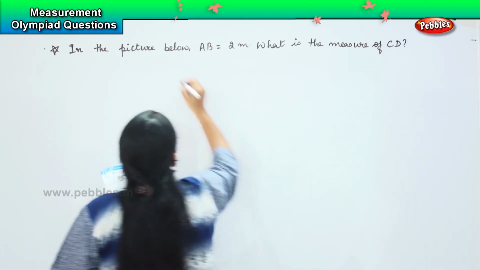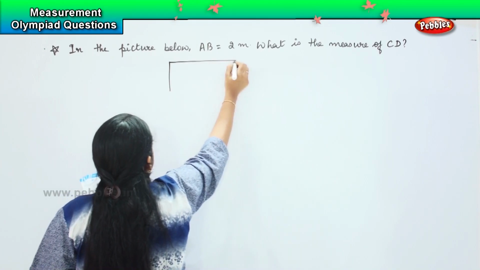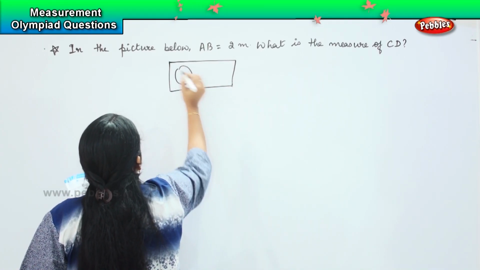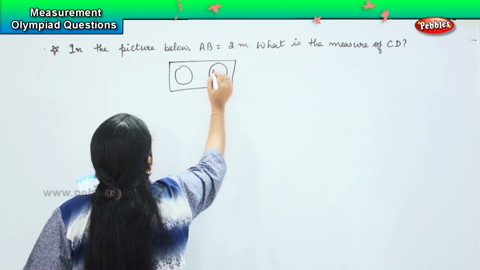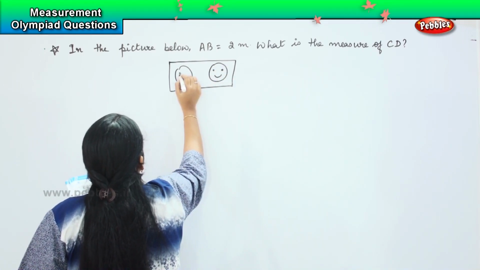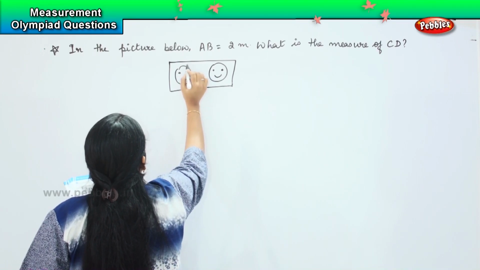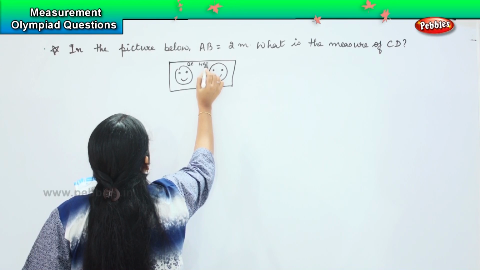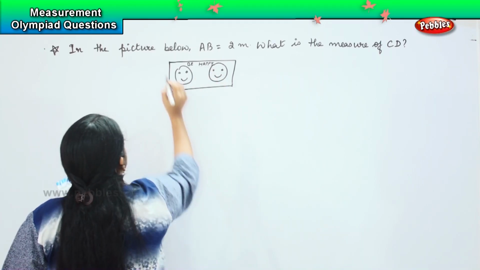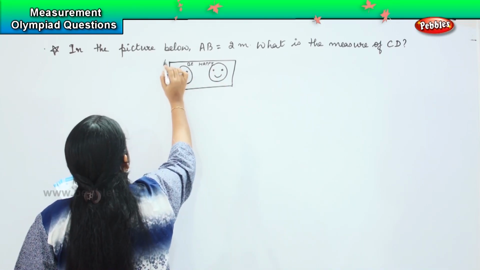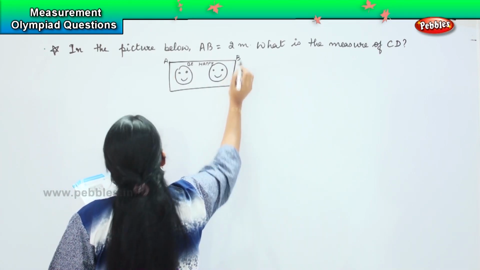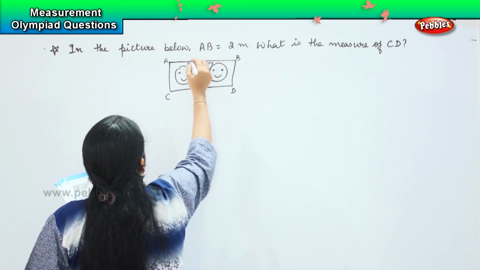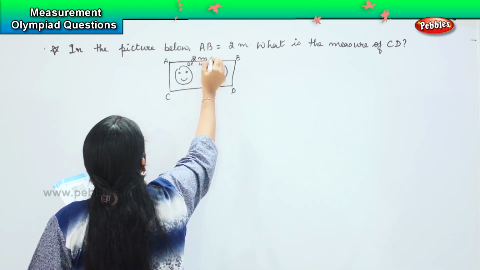Okay, so this is the picture. Say for example, now it's A, B, C and D. The length of this is given as 2 meter.